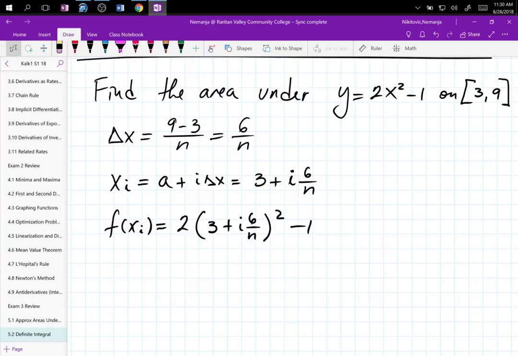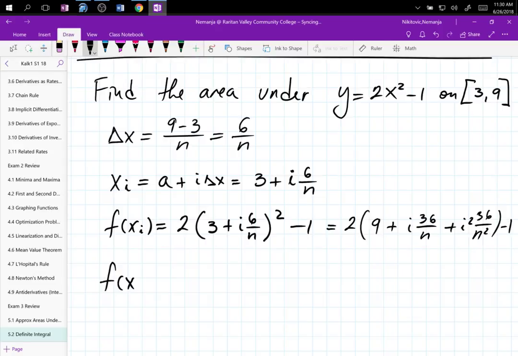And now you have to expand all of that and add like terms. So we have 2 times, now you have 9 plus 18 times 2, 36, so i 36 over n plus i squared 36 over n squared, close parenthesis, minus 1.